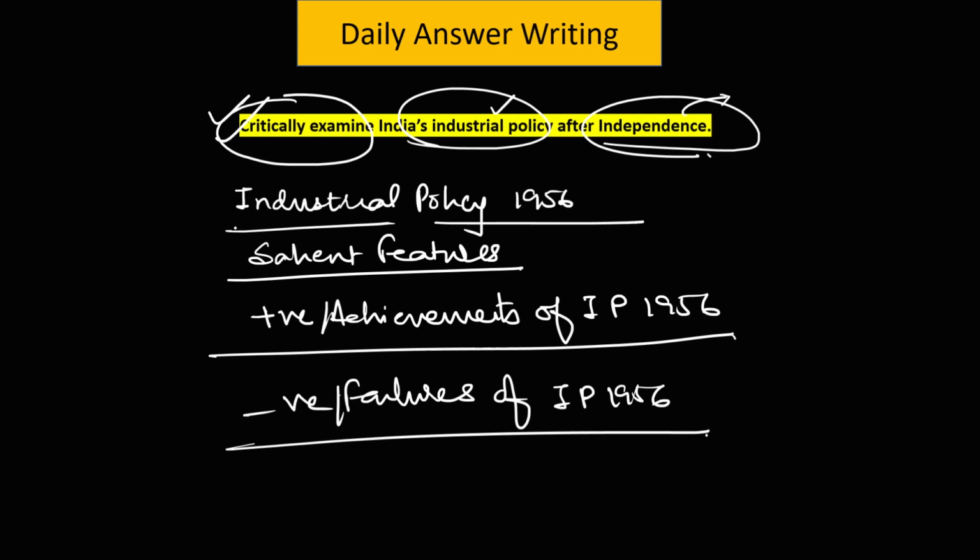So in the introduction you will introduce the industrial policy of 1956 with its salient features, and then you will have two subheadings: achievements and failures of the industrial policy 1956. Let me just try.